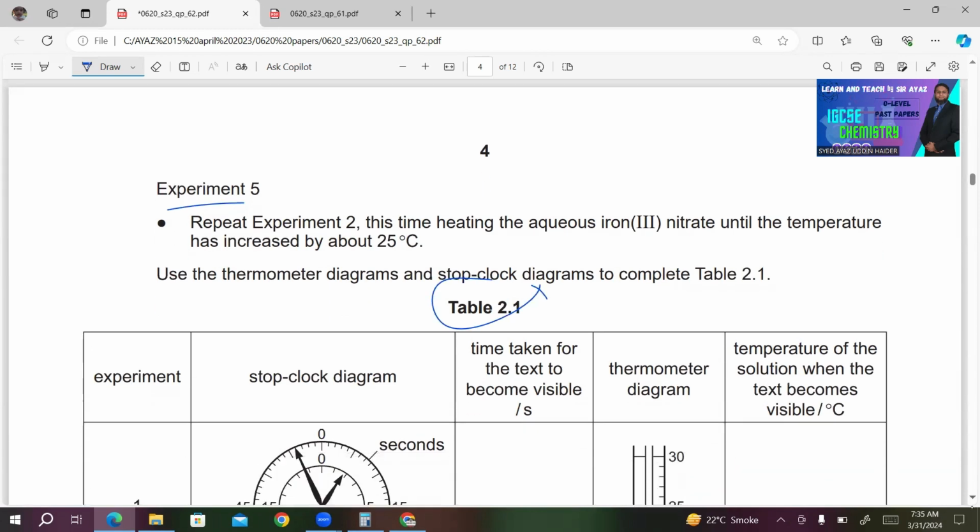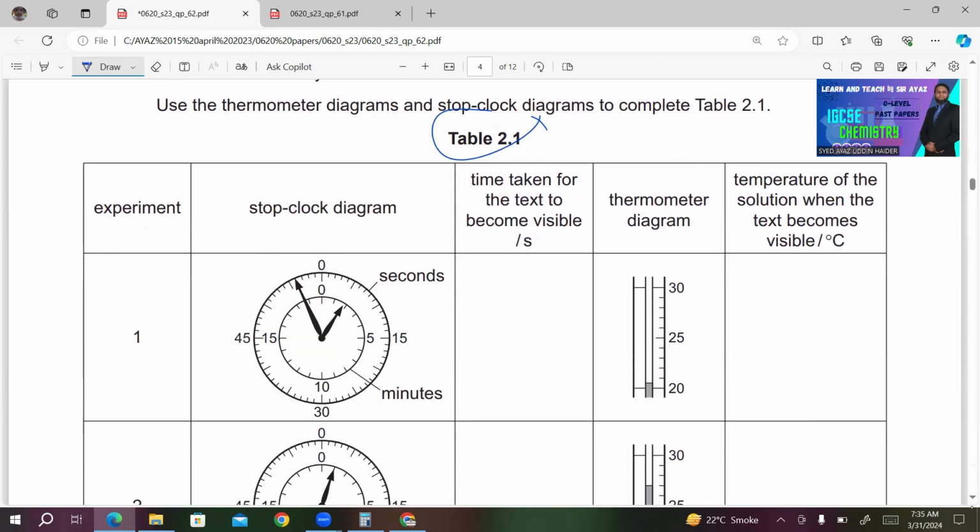Here we have table 2.1. In experiment 1, there is a stop clock diagram. You can see the seconds and minutes here. So this one must be the 1 minute. This must be the seconds.